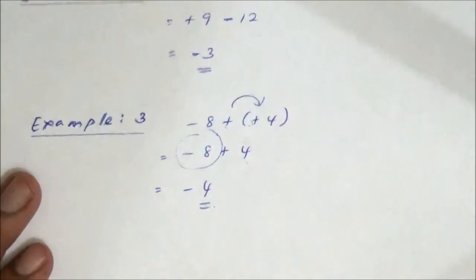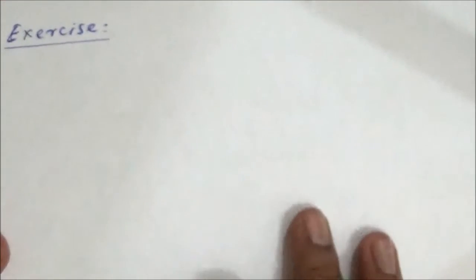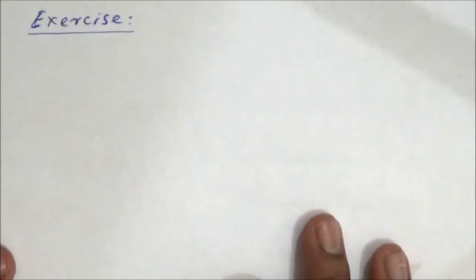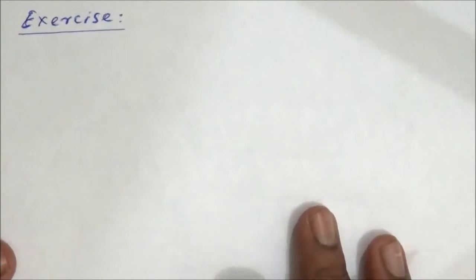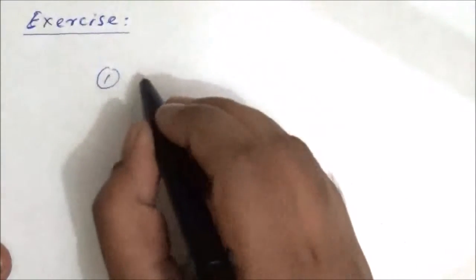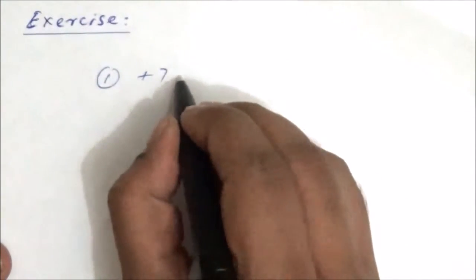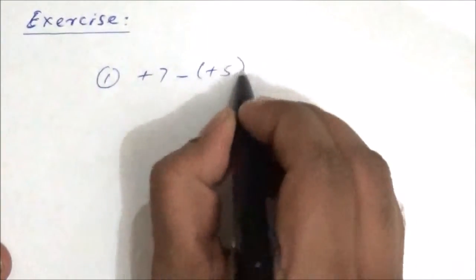To verify this working, we'll try a few exercises. Look at the first sum: plus 7 with minus and then plus 5.